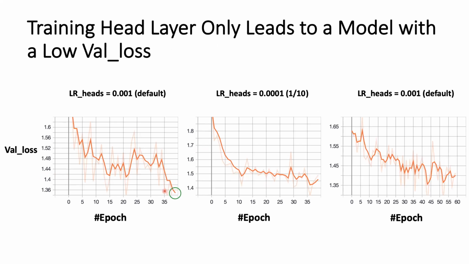As you can see, if we train the head layer for 40 epochs under the default learning rate, we can see a very consistent trend that the val loss goes down during this training, even though finally the val loss is still relatively high. However, if we train the model for longer, this problem is not solved. So across all the conditions, we chose the weights from the epoch with the lowest validation loss as our model for detection and segmentation.